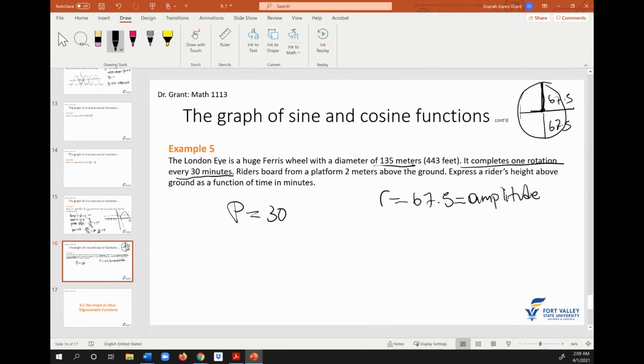Let's see, what about the midline? All right, so it says riders board from a platform 2 meters above ground. Two meters above ground. So if they're boarding 2 meters above ground, the center of the wheel must be located at 67.5 plus 2.